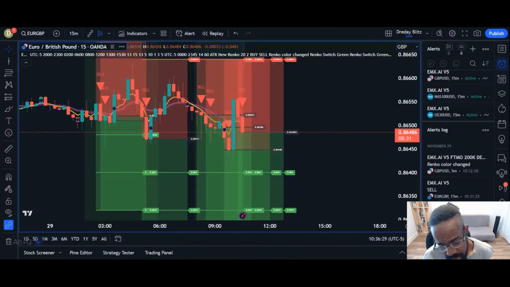Yeah, possibly, but you have to understand that we're at the end of the month, so maybe the reversal has already been done. The month is finishing tomorrow. If you look at the higher time frame price action, it will tell you exactly if we're going to reverse or not.